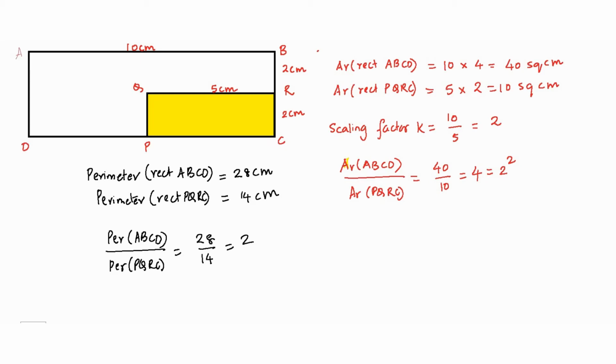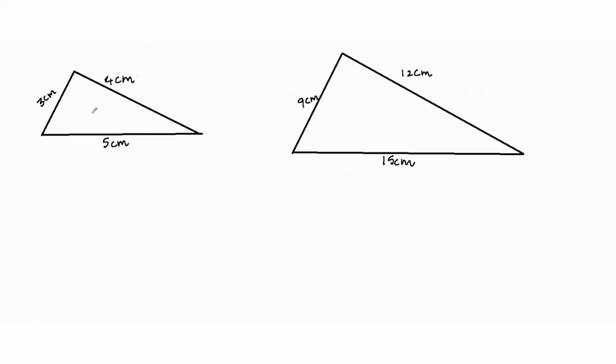Okay, now let us try a similar problem with triangles. Let us consider these two triangles with sides 3, 4 and 5 and sides 9, 12 and 15. You must notice that all the sides have been multiplied by a factor of 3.